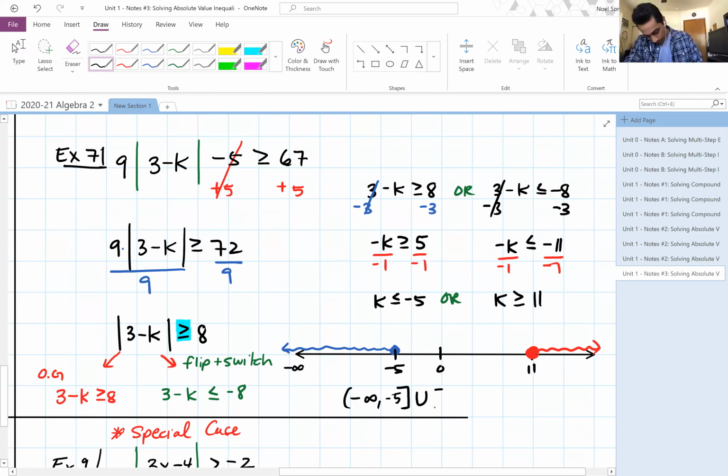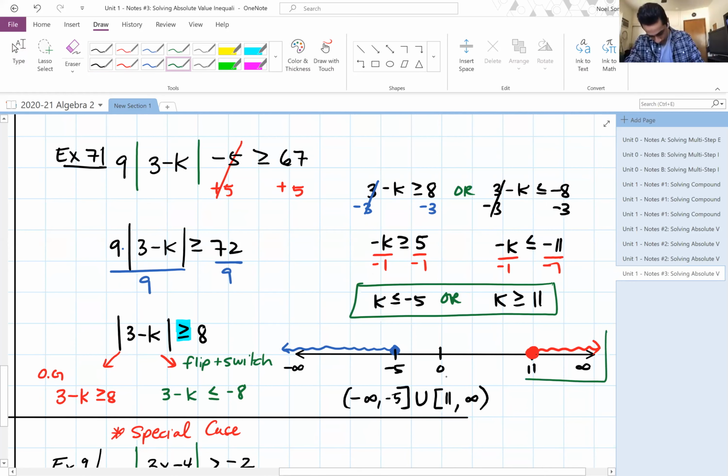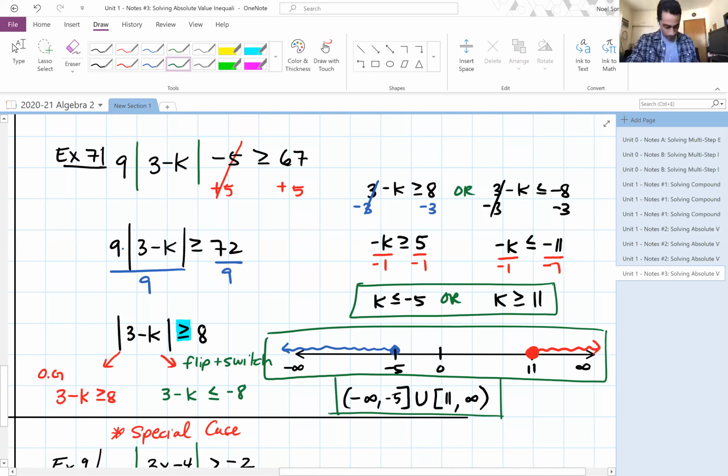And now we start at 11 with a bracket around it since it's a closed circle, all the way till we get to infinity. Okay, so your 3-part answer, you have your algebra, your graph, and then your interval.